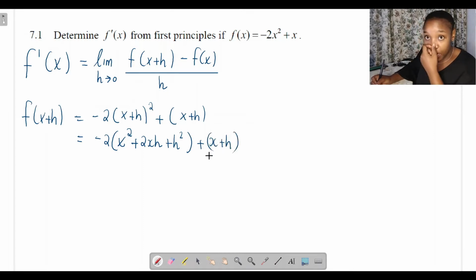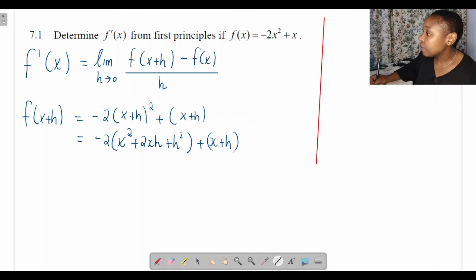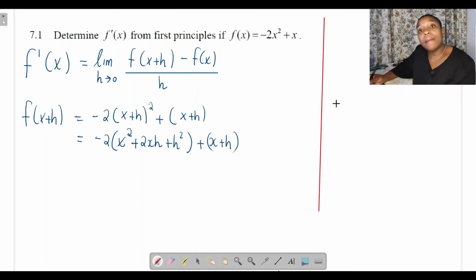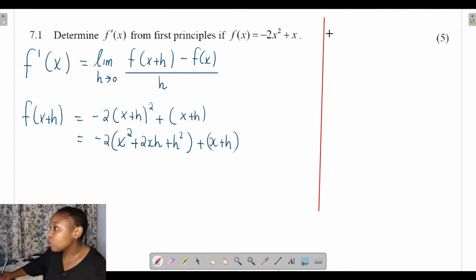I'm going to show you how we can do this. If you don't get that method, you can also just use this. I'm using the red parts to explain how I got that. But if you got it, you can just fast forward to the next step. So let's explain that. Minus 2 times x plus h all squared plus x plus h.